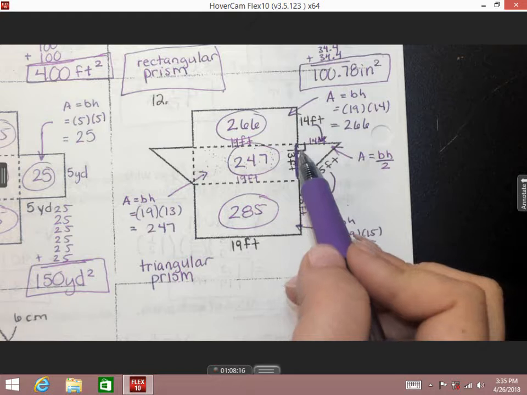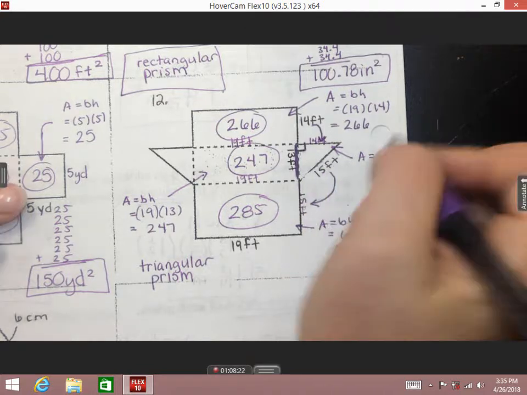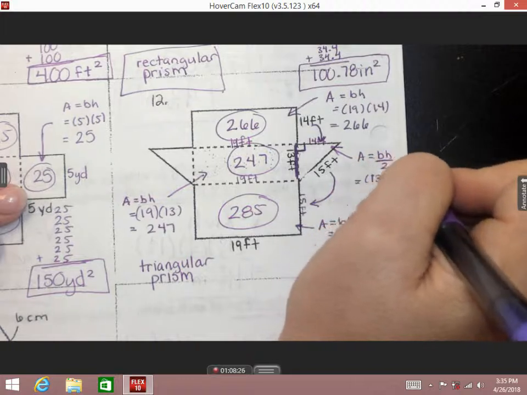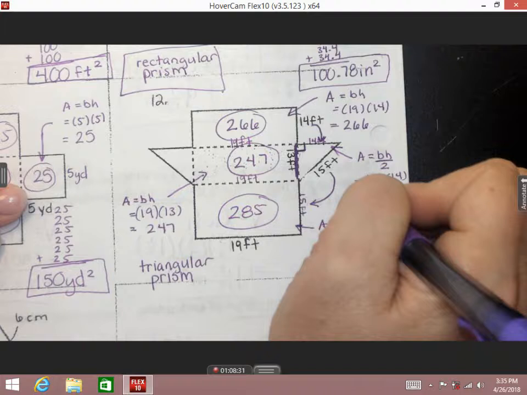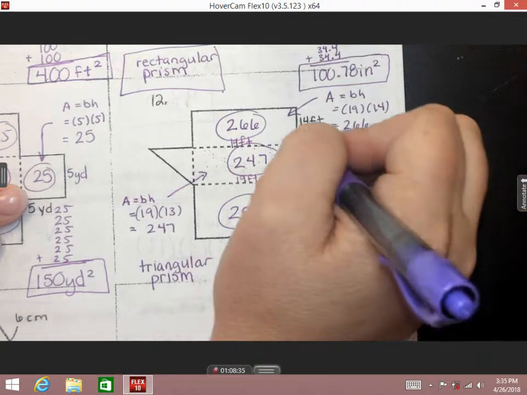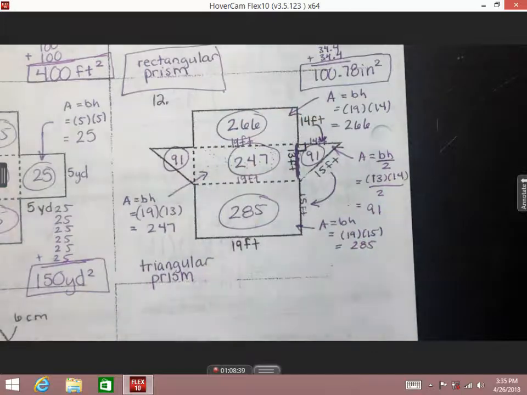So now there's my 90 degrees. Don't forget that's very, very important. So I have 13 and I have 14. So I'm going to do 13 times 14, and then we're going to divide by 2. Okay? And 13 times 14 divided by 2 gives me 91. So I get 91, so that's that triangle, which means 91 is also this triangle.